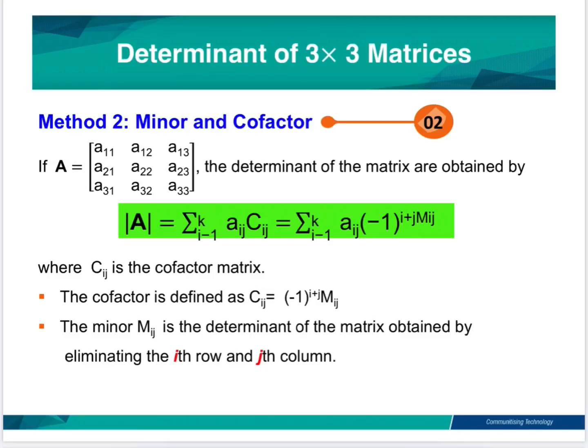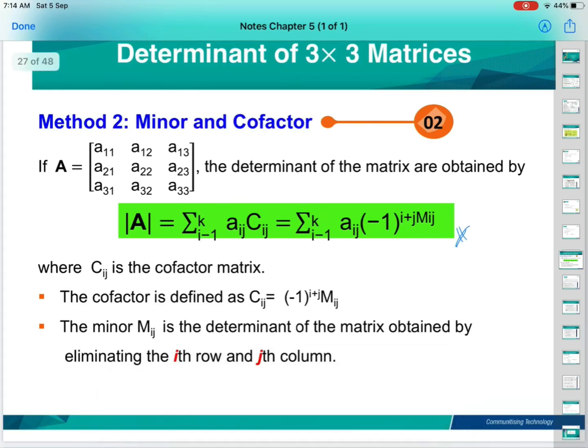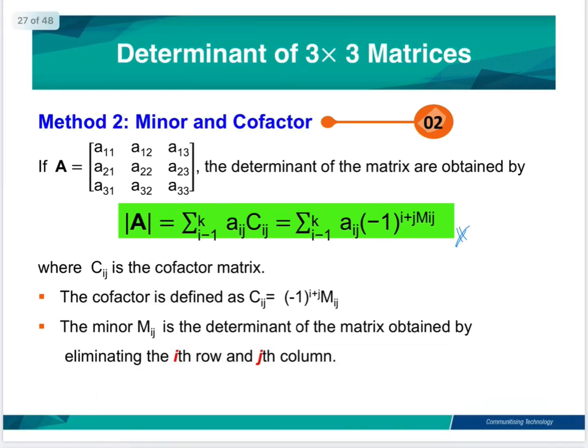In this second method, we will look into the minor and cofactor method on how to find the determinant of a 3 times 3 matrix. If your A is a 3 times 3 matrix, the determinant of the matrix is obtained by that formula. It looks scary right now, but as you do the example, you will find it easier.